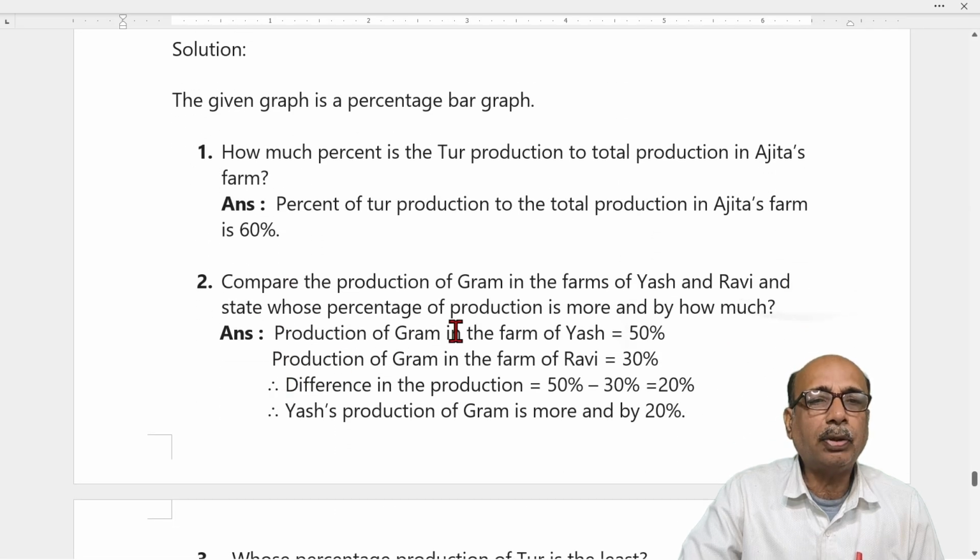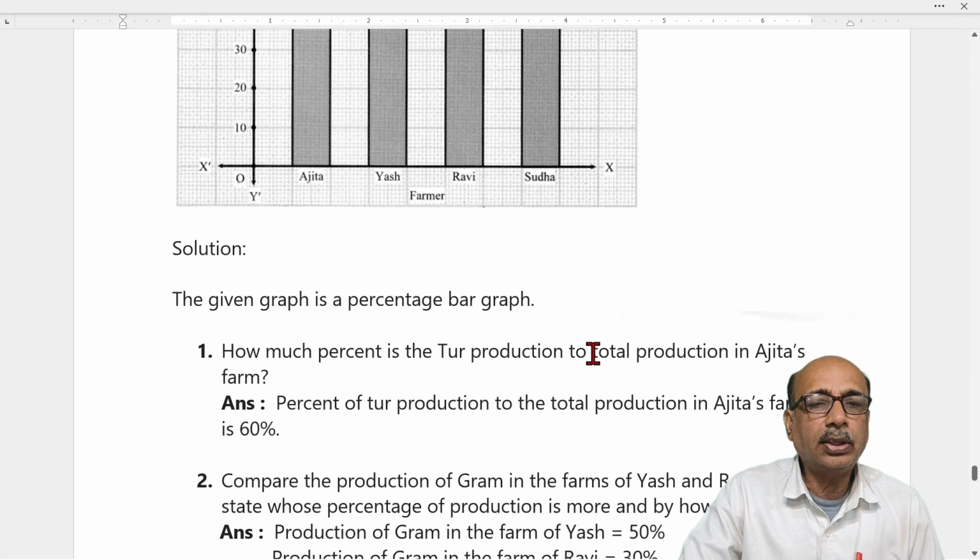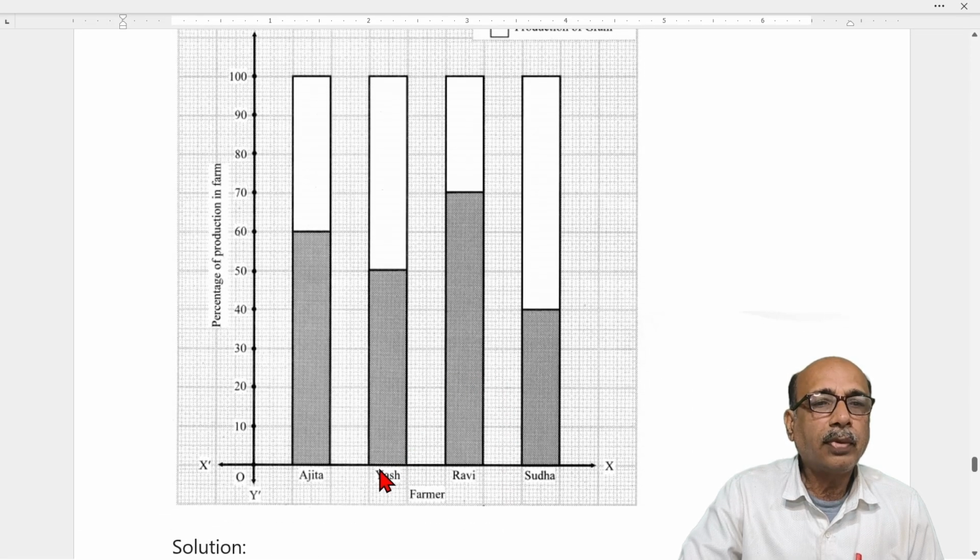Compare the production of gram in the farms of Yash and Ravi and state whose percentage of production is more and by how much. Yash and Ravi. For Yash, from 50% to 100 means 50%, and for Ravi, 70 to 100 means 30%.